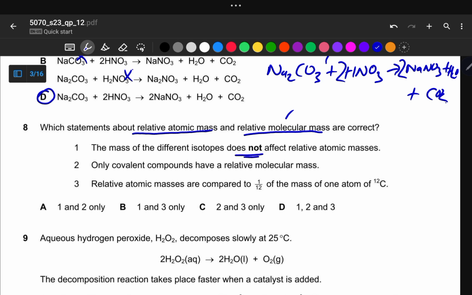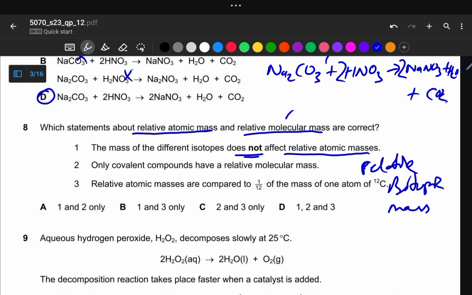The mass of the isotopes is what we call the relative isotopic mass. So the sum total of the relative isotopic masses being multiplied by their abundance over total abundance is what we have as the relative atomic mass.